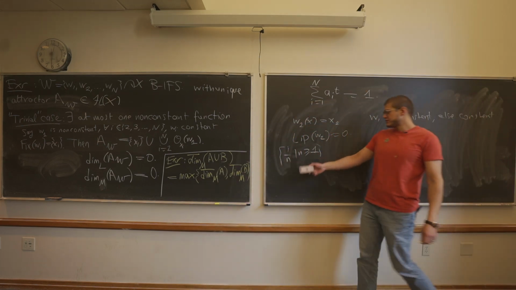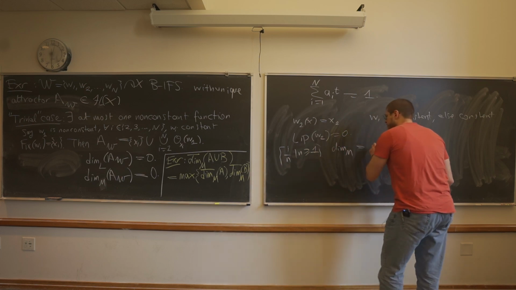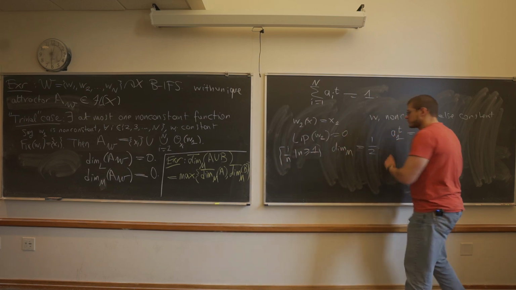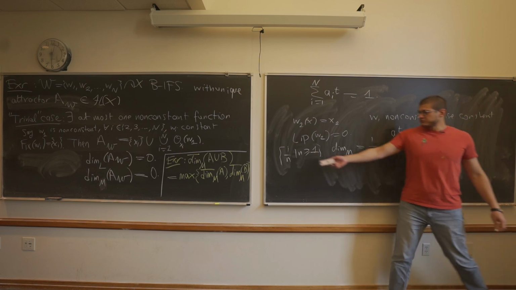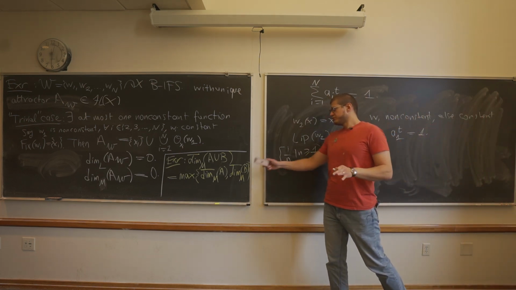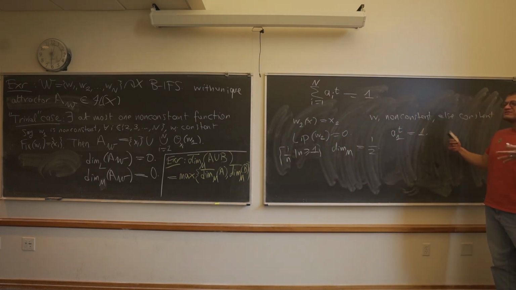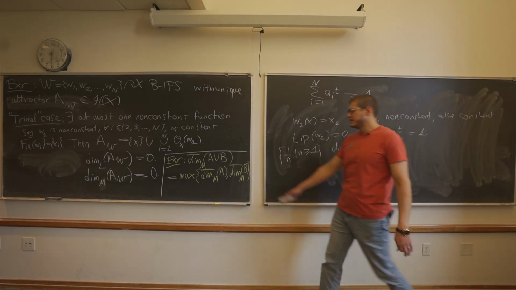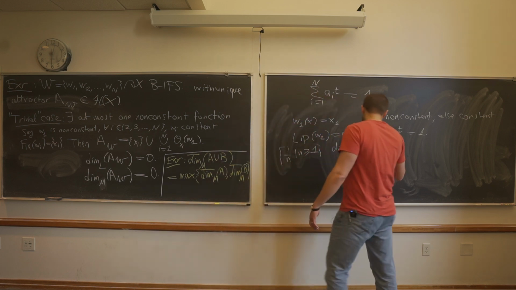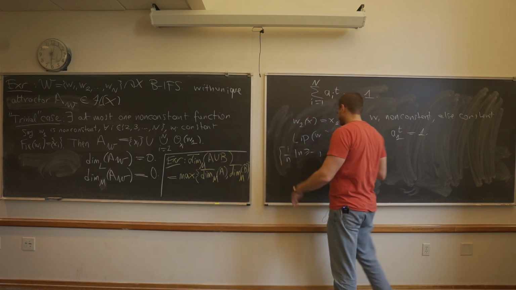So this has Minkowski dimension 1 over 2. But of course, this is the countable union of singletons, each of which has Minkowski dimension 0. You see, this property doesn't really hold for infinitely many sets, but for finitely many, it does hold. In the case of Hausdorff dimension, it's going to hold for infinitely many as well.